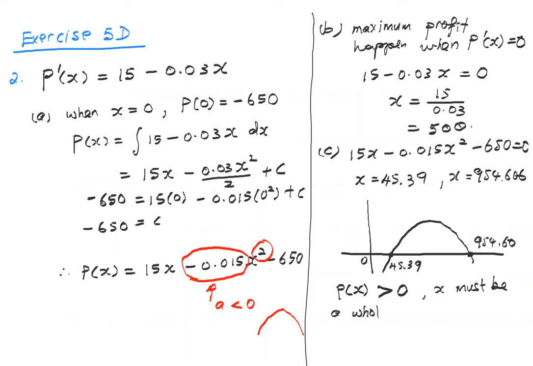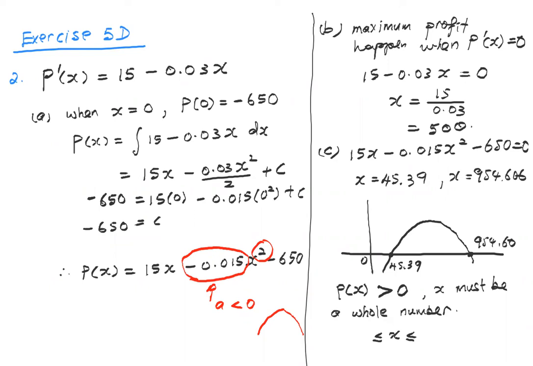Why must x be a whole number? Because x is the number of plates. So now, you tell me what the production level should be in order to run at a profit, to enable a profit to be made.